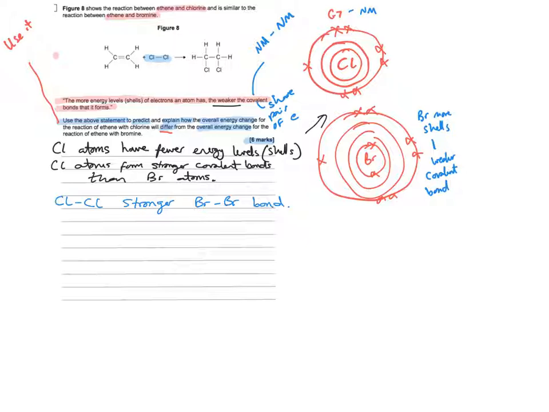I actually missed the second one the first time, but there's also another covalent bond between the carbon and the chlorines, and the bromines. So if chlorine makes stronger bonds, the carbon-chlorine bond is stronger than the carbon-bromine bond. Again, I've not used any knowledge, I've just used the statement and the electron configurations to get to this point.